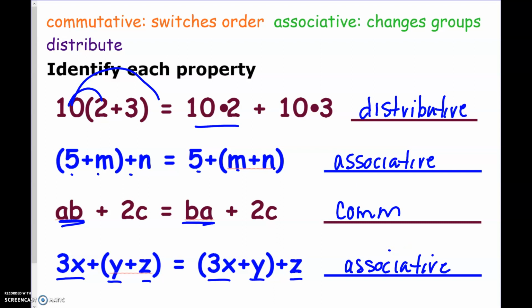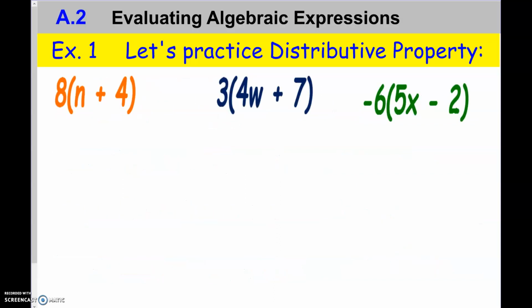All right, the next thing I want to do is practice some distributive properties. Right now, stop the video and practice these 3 problems, or maybe you want to watch the first one and then practice the second 2. We're going to distribute: 8 times n is 8n, and 8 times 4 is 32.